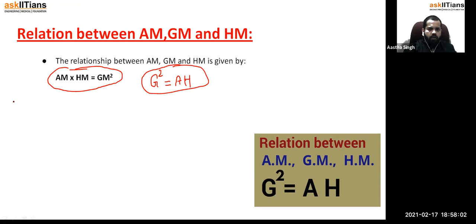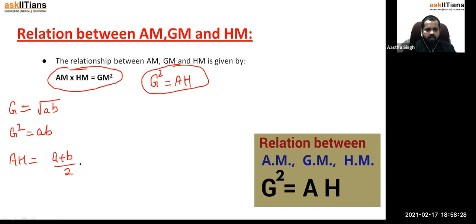You know the value of GM between two numbers is under root of AB, right? If we square both sides, then G square will be AB, right? Now I will find out A and H. A is basically the arithmetic mean. Arithmetic mean between two numbers is (A plus B) by 2, right? And what is harmonic mean?